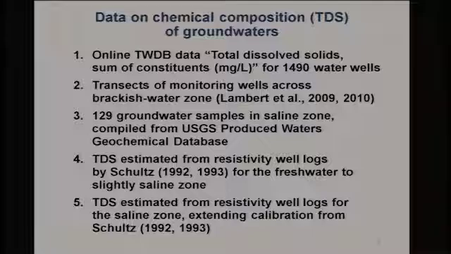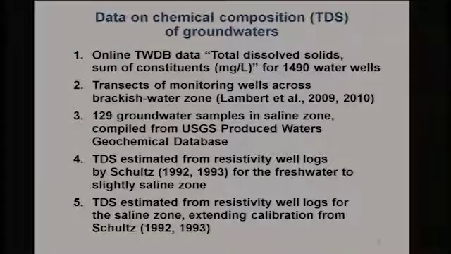So our TDS data comes from 5 sources. We didn't look at the freshwater zone very closely, but we did take nearly 1,500 chemical composition samples from the Texas Water Development Board's database. Another thing I should mention is that there's been historical concern about freshwater drawdown in the aquifer inducing the migration of brackish water into the freshwater zone.